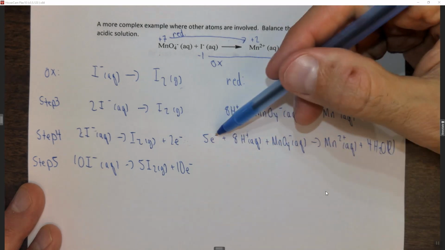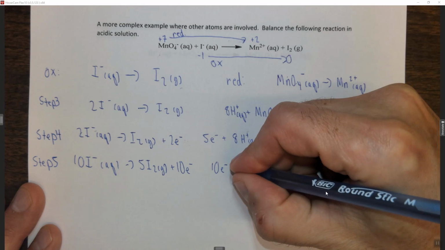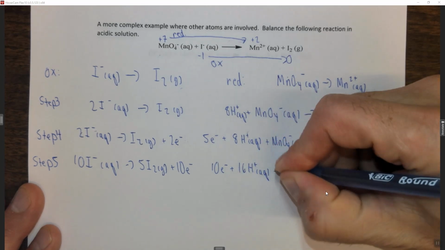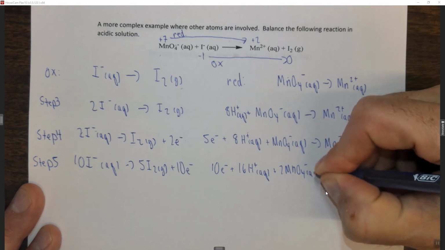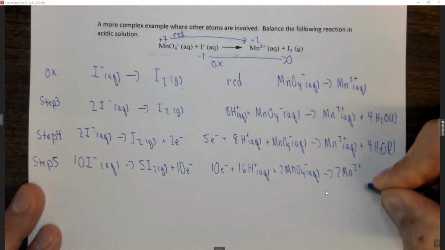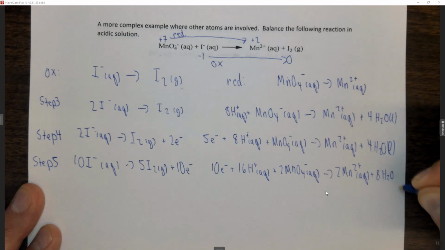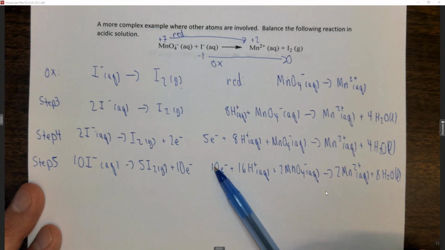Now we need to multiply everything here by 2, which is 10 electrons plus 16H plus aqueous plus 2MnO4 minus aqueous yields 2Mn2 plus aqueous plus 8H2O liquid. So now we have 10 electrons and 10 electrons.